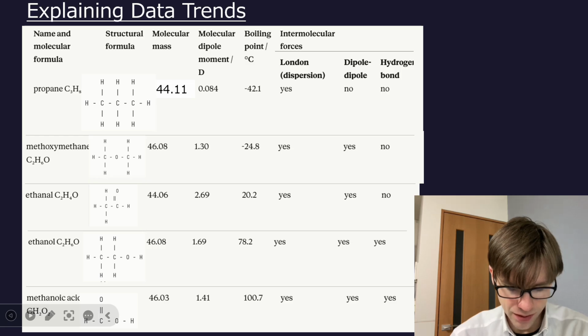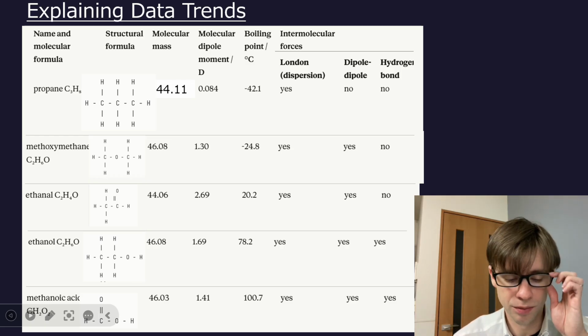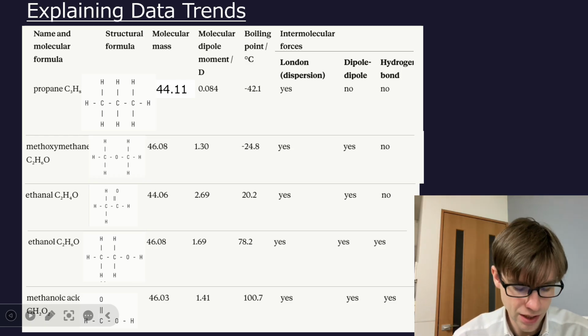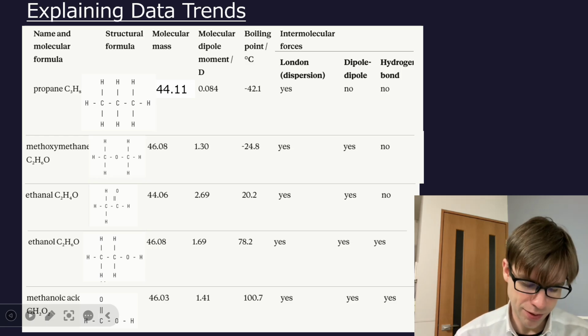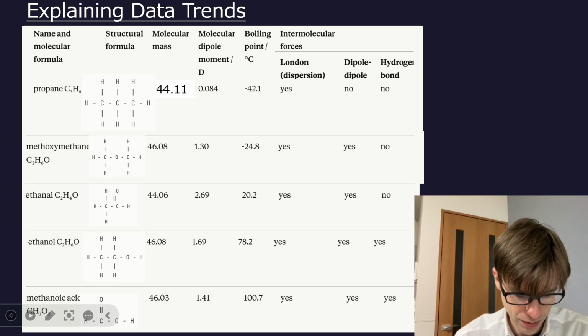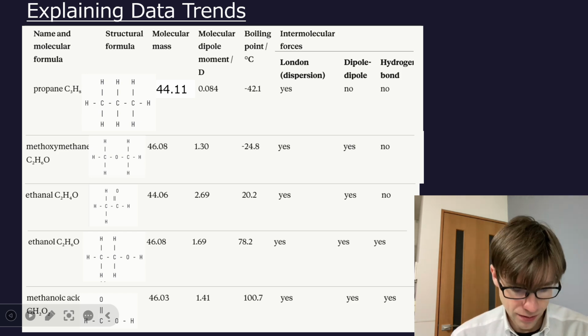So they all have London dispersion forces, yes, and all the London dispersion forces should be very similar strength because it just depends on molecular weight and number of electrons, which are very similar in all of these molecules. So we have that, but what we need to explain is these boiling points. They go from minus 42 to minus 24 to 20 to 78 to 100. Some really big jumps there. Okay, so let's go one by one.